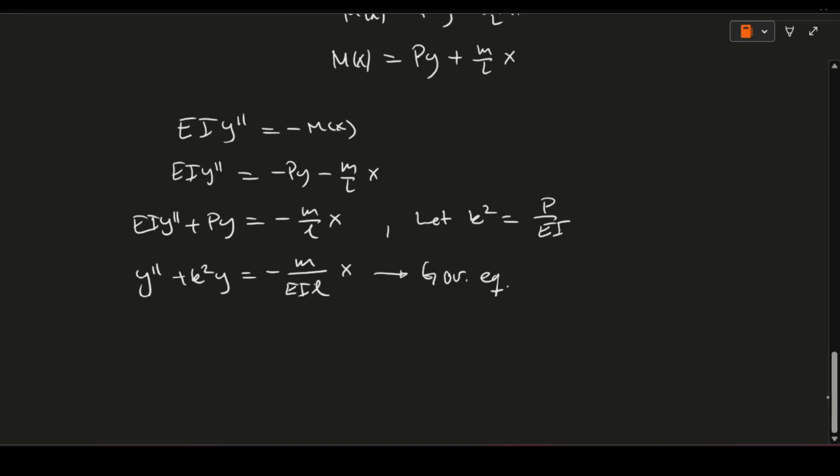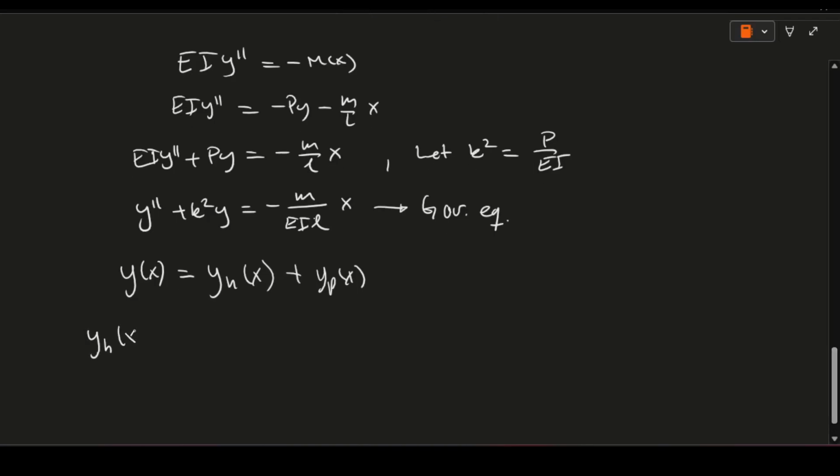Okay, so here we have a differential equation, a non-homogeneous differential equation, and we know how to solve this one. So y of x is the homogeneous solution plus the particular solution, yp of x.